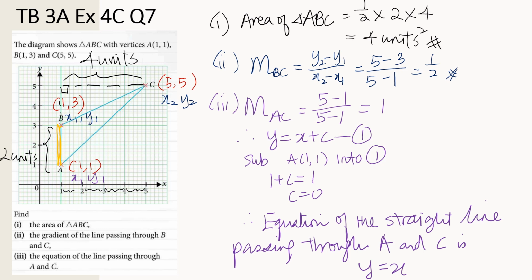But you don't have to write plus 0, just y equals x will do. In other words, if I extend AC longer, you will see that it will pass through here like that. So the y-intercept value is 0. So y equals x.